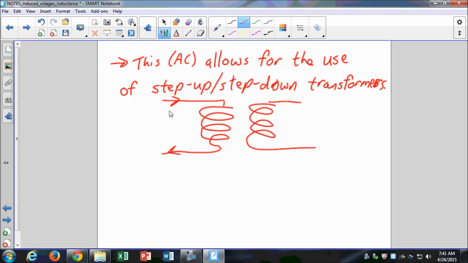And when the current in this coil of wire changes, it causes a magnetic field, right? If I have a changing magnetic field caused by this coil of wire, it's going to induce a current in this coil of wire. Remember our EMF, by the law of induction, which we've already seen, says that the induced EMF is equal to negative d phi dt.